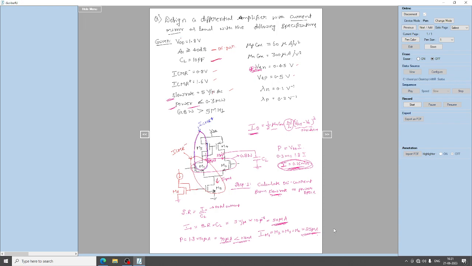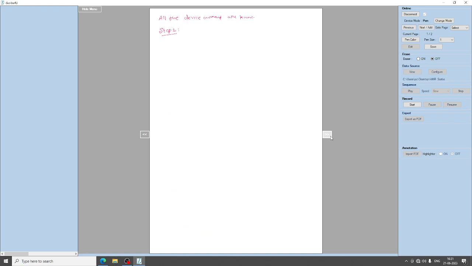I will redraw the circuit. So here this is M3, a PMOS transistor, and this is M1, an NMOS transistor.